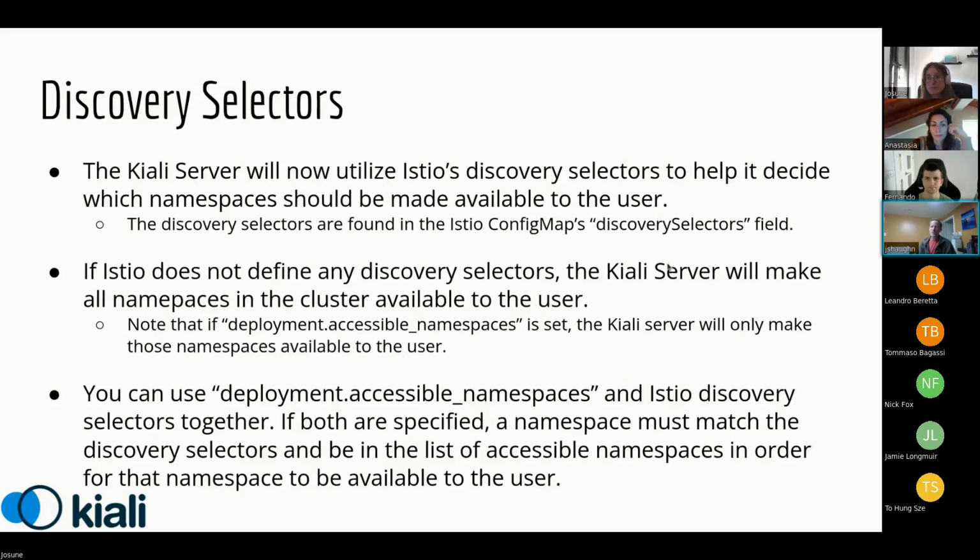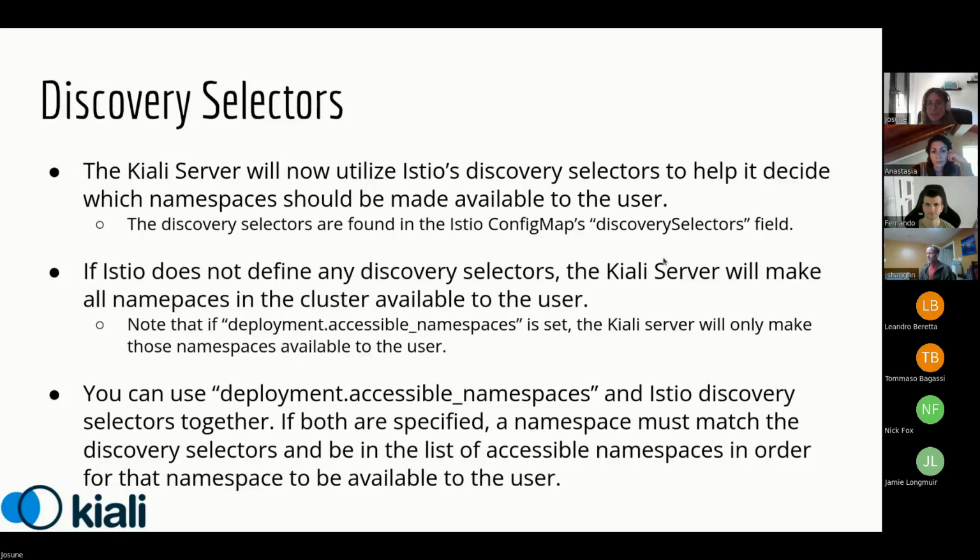So what we're trying to do is make more distinct the permissions that Kiali has, with accessible namespaces being something that's not as tightly tied together with that. And we'll be making a lot of documentation changes and updates in Kiali.io to describe this stuff better.